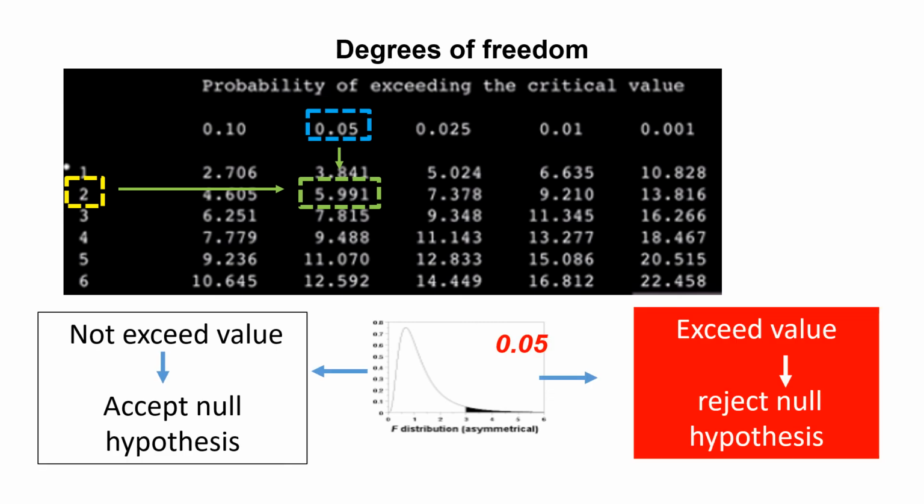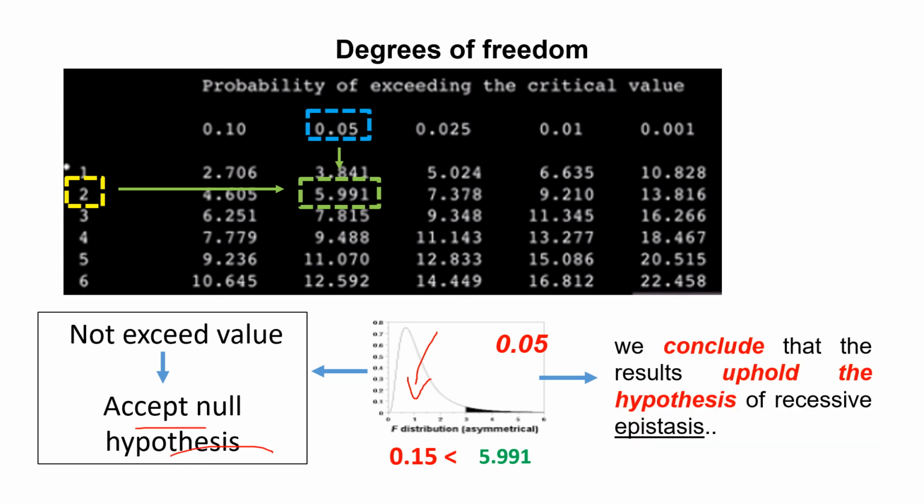Here we have this value, and it is located in this region, so as it is lower, we will accept the null hypothesis. In other words, we conclude that the results uphold the hypothesis of a recessive epistasis.